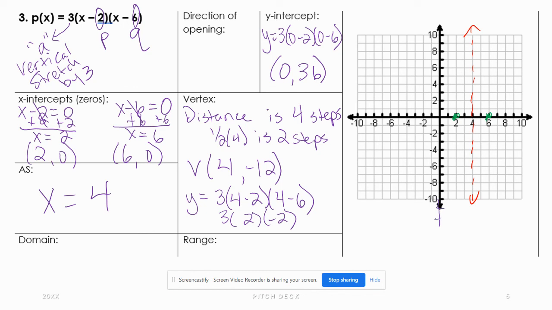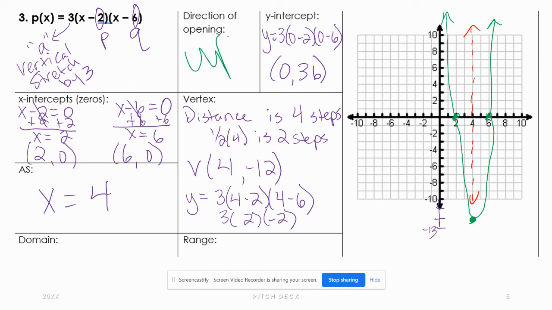So we're just going to estimate here where negative 12 is, and we'll put that about right here. I'm not going to plot that y-intercept at 36, so I'm just going to do my very best to draw this graph. Remember, we're trying super hard to make this not look like a V, and maybe do a bit better job than I did on my drawing.